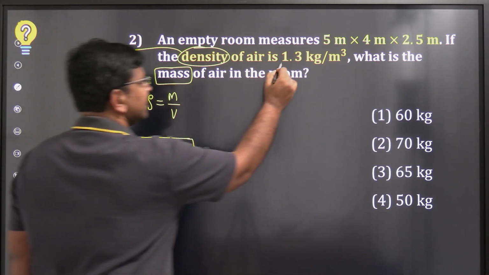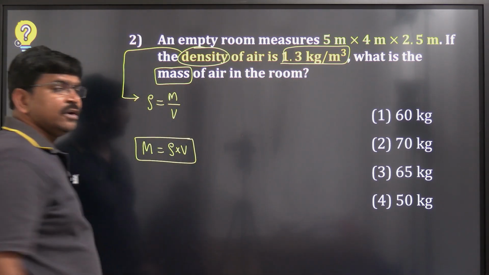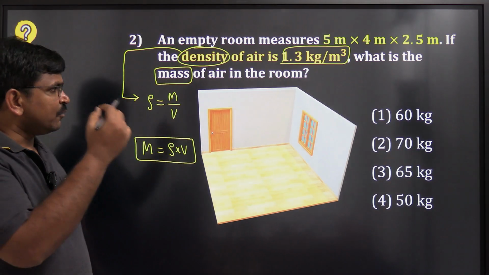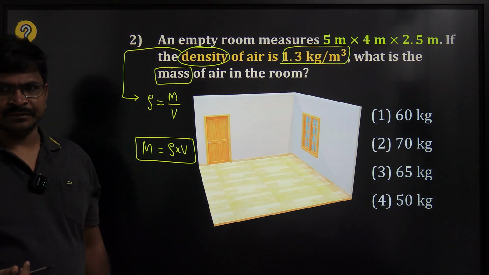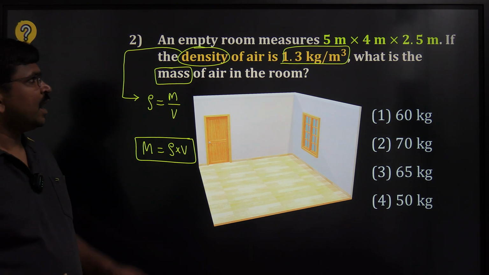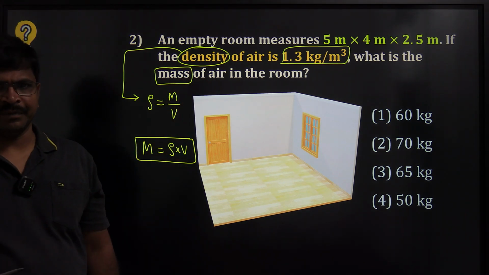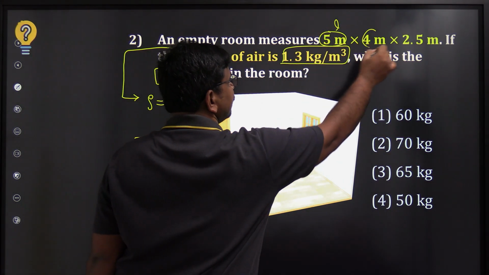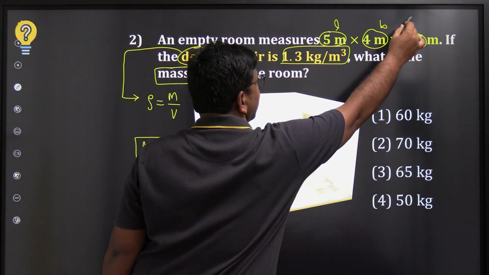Density is given here directly. And what about the volume? Volume is not given, but we have another piece of information for volume. We have length, breadth and height information. So this is the length, this is the breadth and this is the height.